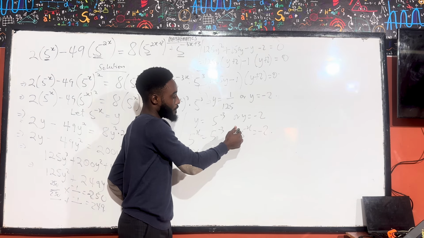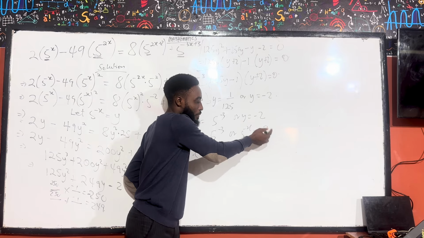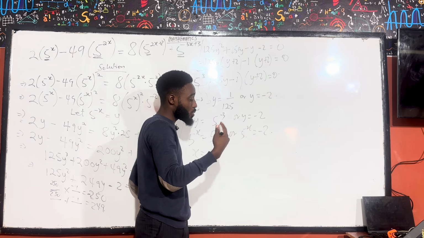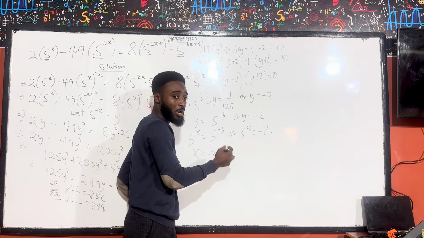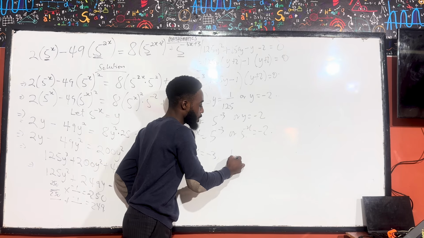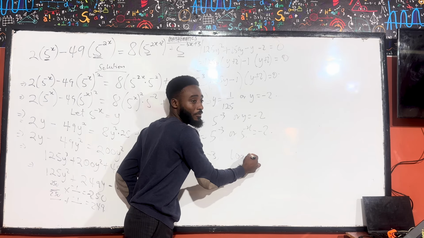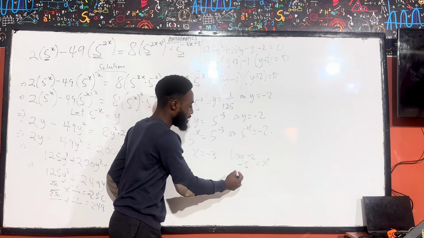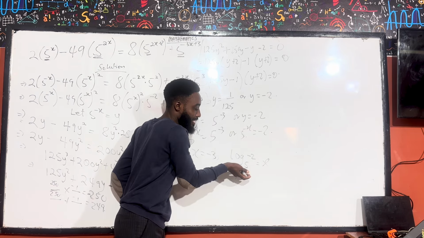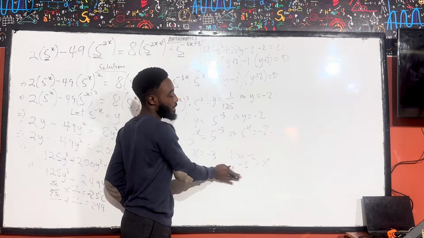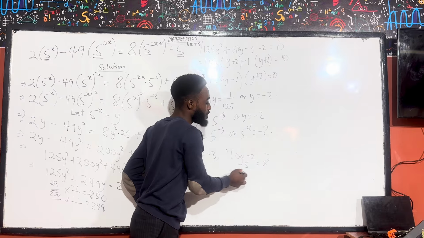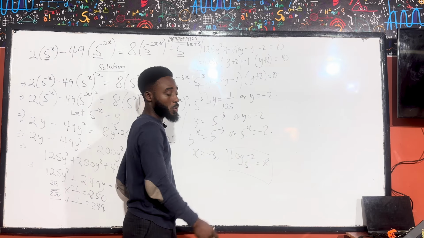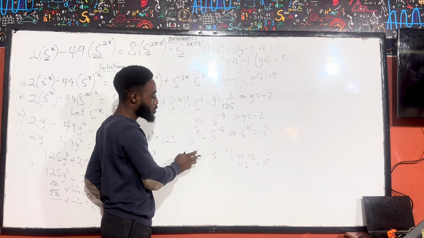Or at this side, since I can't easily express minus 2 as an exponent of 5, I would have to fall on my logarithms. So that would be log to the base 5 of minus 2 is equal to x. But we know that we can't find logarithms of negative numbers, so this is going to be undefined, but this is going to be minus 3.